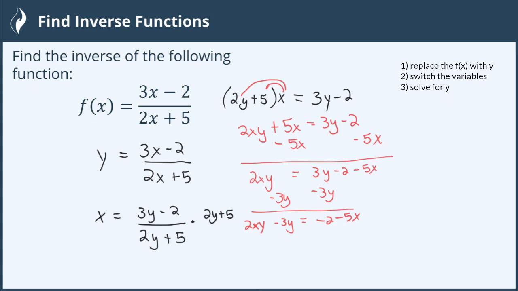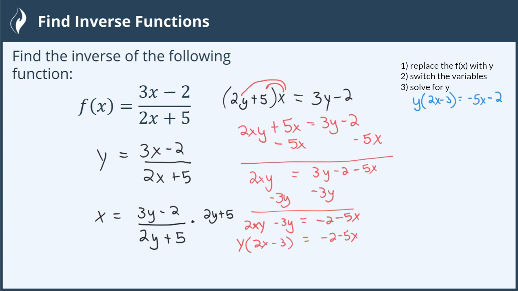Okay, so now to solve for y, we're going to factor out the y from this side of the equation. So we're going to say y times 2x minus 3 equals negative 2 minus 5x. Now I'm going to rewrite this up here. We have y times the quantity of 2x minus 3 equals negative, I'm just going to flip this around, negative 5x minus 2, so that we're uniform.